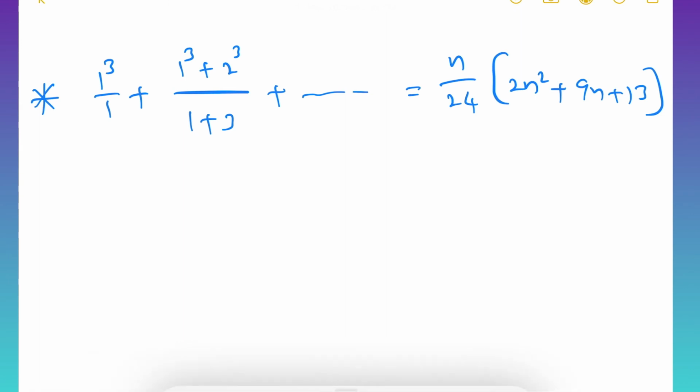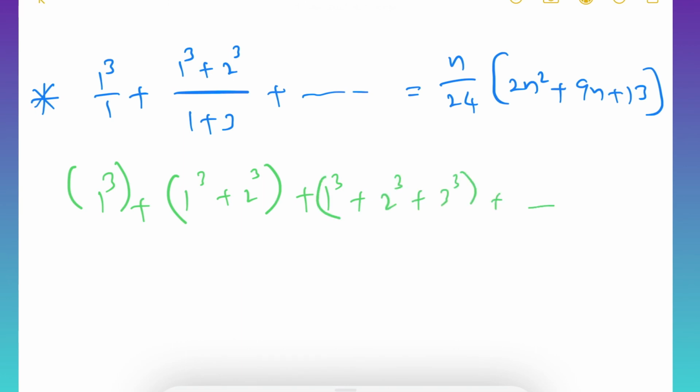First let us check the numerators. Here 1 cube, plus 1 cube plus 2 cube, plus 1 cube plus 2 cube plus 3 cube, and so on it goes. Then what about the last term? Last term will be 1 cube plus 2 cube plus 3 cube plus 4 cube and so on plus n cube.